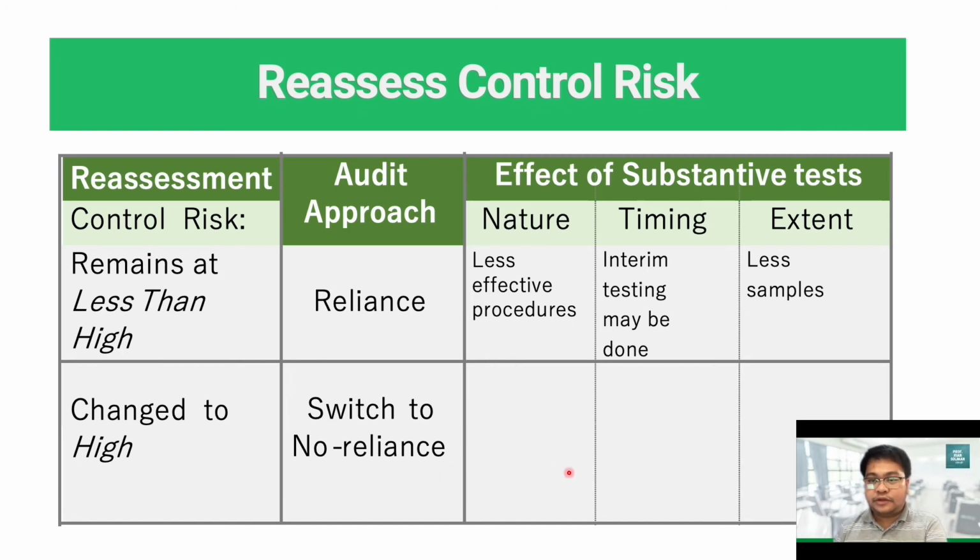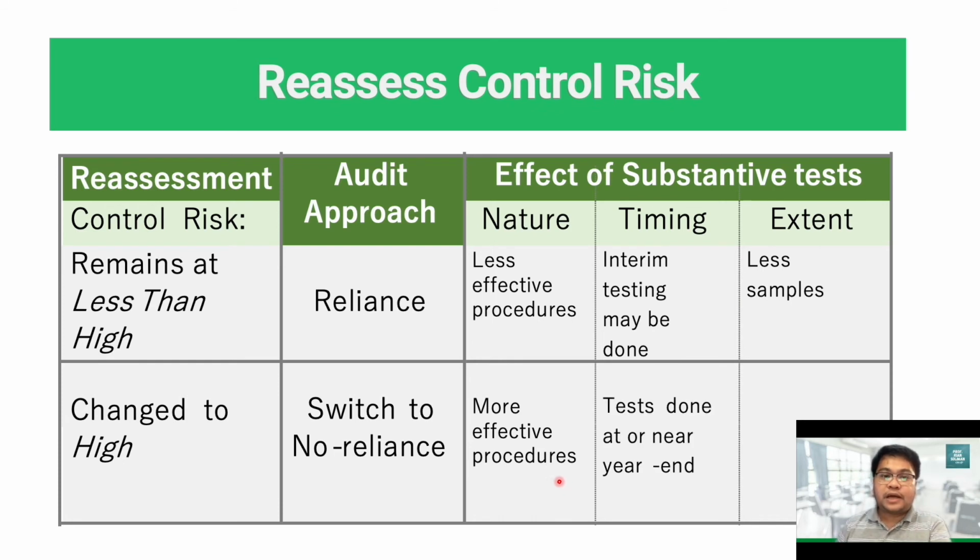Meaning to say, the nature of our substantive tests will switch to more effective procedures compared to less effective procedures. For example, we will adopt more test of details compared to substantive analytical procedures. Our tests will be done at or near year end, and for the extent, we will be using more samples compared to fewer samples. So that will be the effect of our reassessment of control risk.